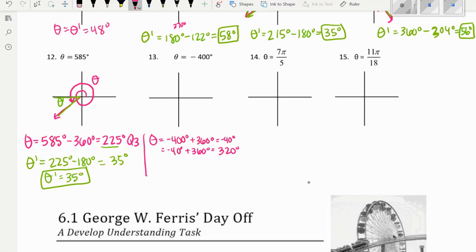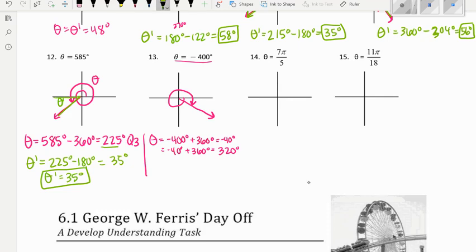So that tells me I'm in quadrant 4. So 320 degrees would be about somewhere in here. But remember, the angle we're drawing in standard position is negative 400 degrees. So if I'm drawing negative 400 degrees, I've gone all the way around, this way is the negative direction, to my terminal side. So that's the angle drawn in standard position.